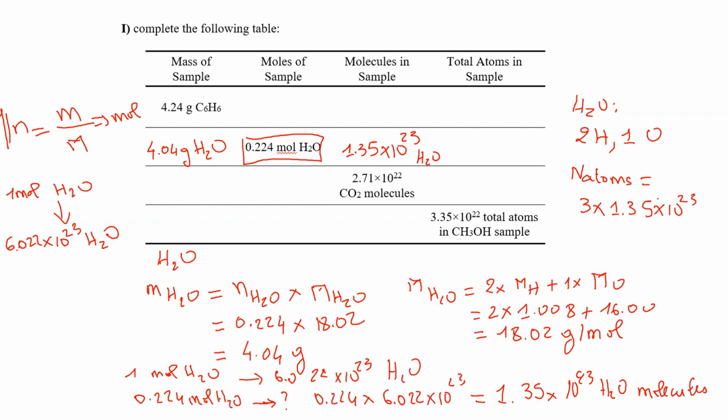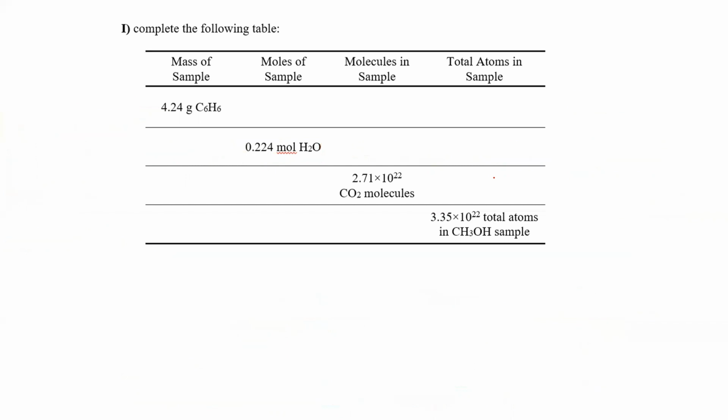And if you calculate it, it is equal to 4.05 10 to the power 23 atoms. So both atoms of hydrogen and oxygen, the total number. So let's go to the third question.